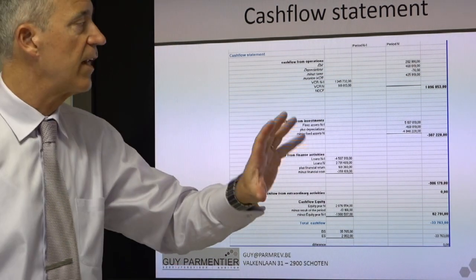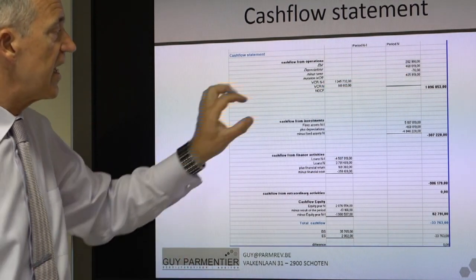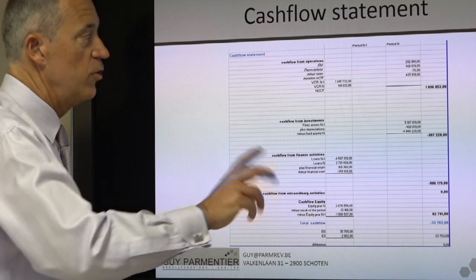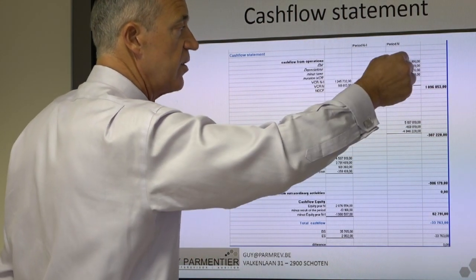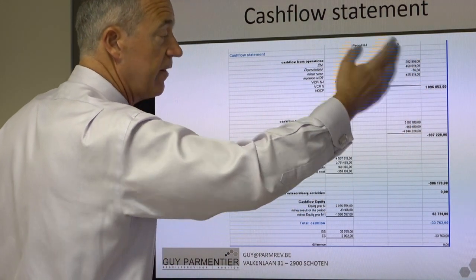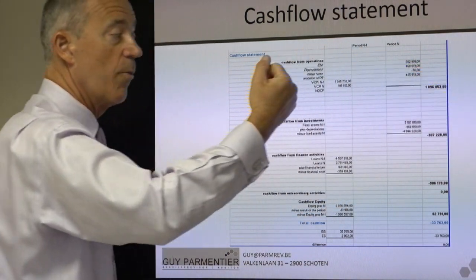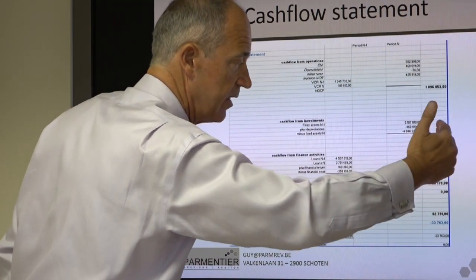You had your managerial balance sheet: the working capital requirement, you put here. The fixed assets, you put here. From the profit and loss statement, you put in your cash flow from operations by starting with the EBIT. You add your depreciations, you deduct your taxes, you add or deduct your mutation in working capital requirement, and you have your cash flow from operations. So the total asset side of your managerial balance sheet you already have.